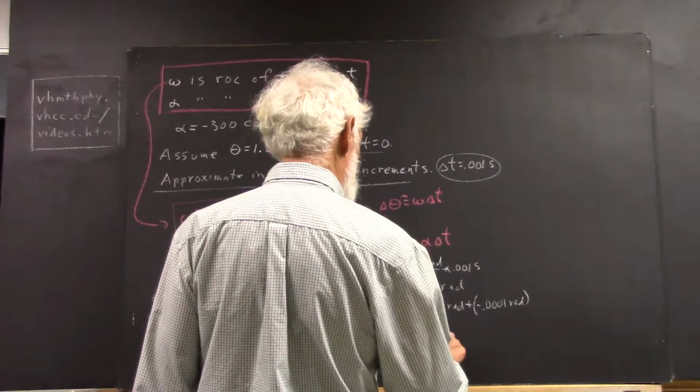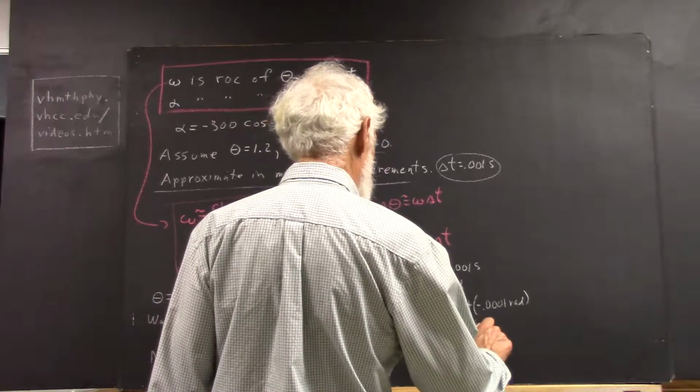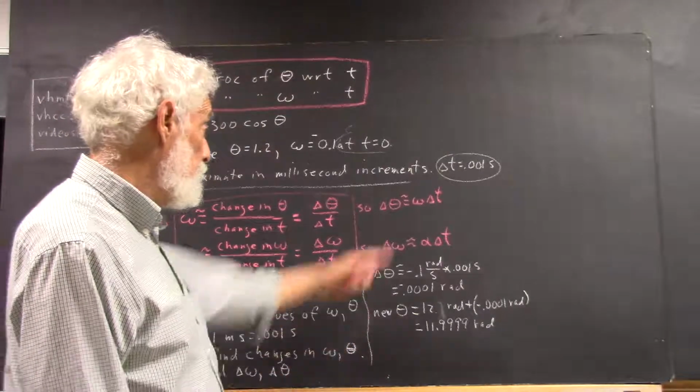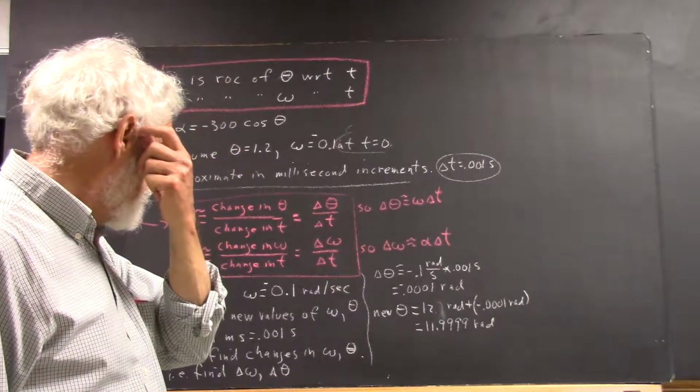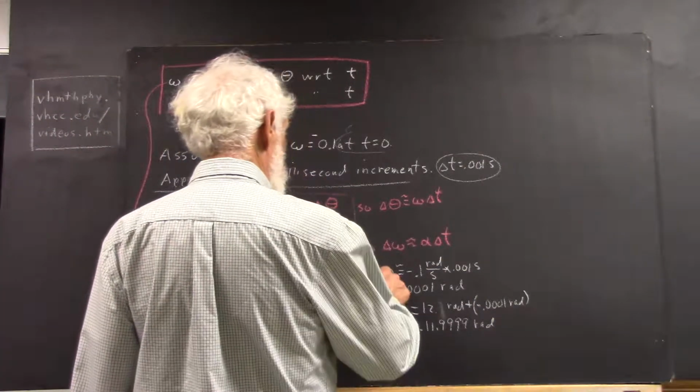So that's going to be 11.9999 radians. In other words, it didn't change much, but this was only in a millisecond. Okay, now, next thing we need to do is find our change.